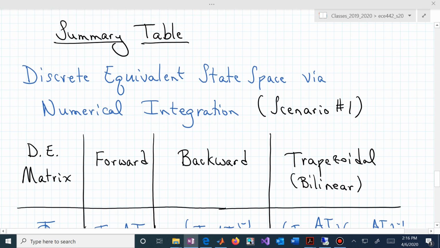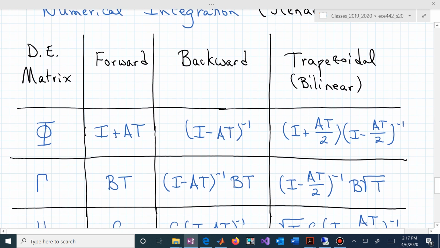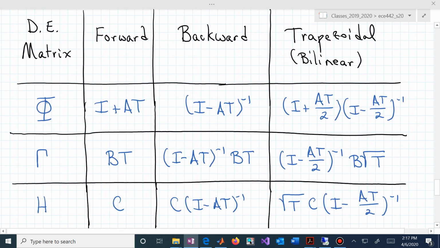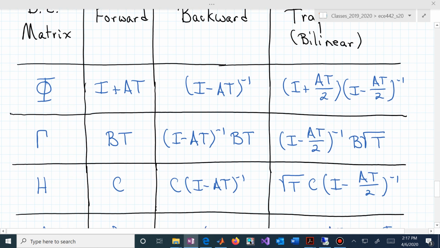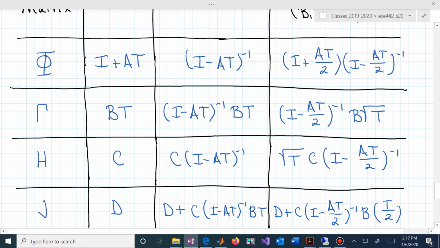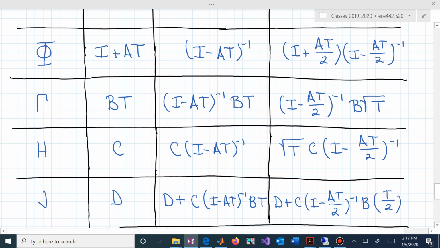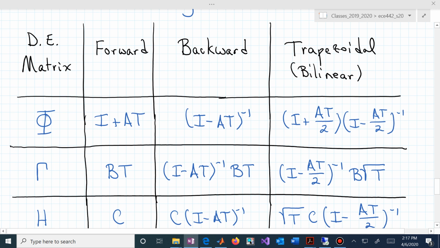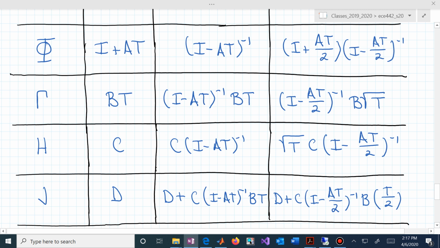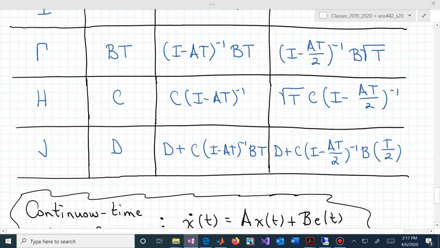If you wanted to think about performing this discrete equivalent using numerical integration in a state space setting, then you can use either the forward, backward, or trapezoidal to find the system matrix capital Phi, the input matrix Gamma, the output matrix H, and the direct feed-through matrix J by the appropriate expressions involving the continuous time matrices A, B, C, and D, and the sample period capital T. That's then just a direct substitution of those matrices and variable to generate the state space representation in the discrete equivalent matrices.